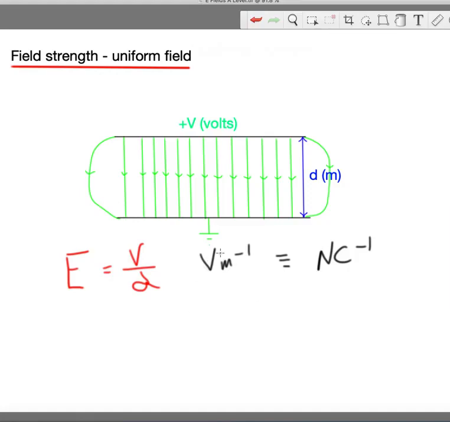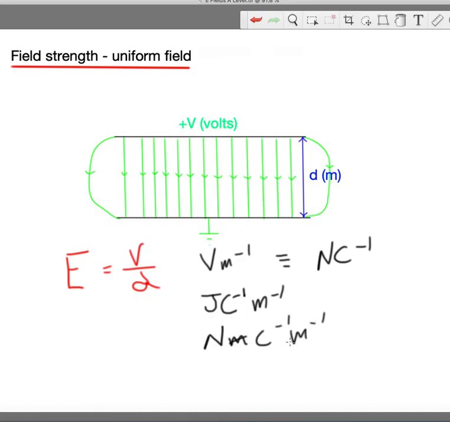Coming back to that then, well, volts, we know 1 volt is the energy, the work done in moving 1 coulomb between 2 points in a circuit. Hopefully you know that. So if we make that joules per coulomb per meter, we know 1 joule is the work done when a force of 1 Newton moves its point of application through a distance of 1 meter.